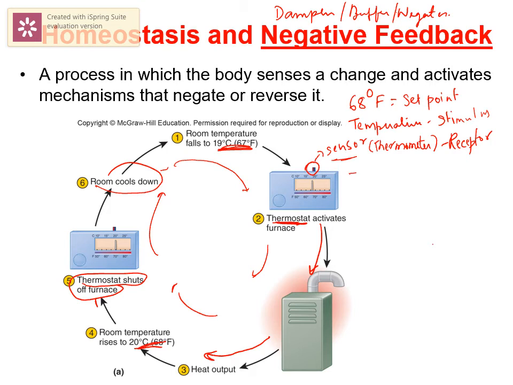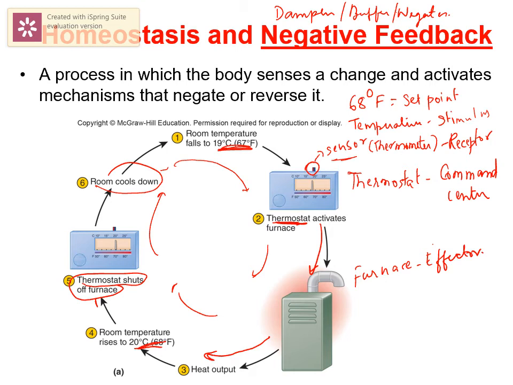The thermostat asks the furnace to kick in. So the thermostat becomes the command center or the control center. And finally, the furnace is the one that blows out hot air to maintain the temperature. So the furnace becomes the effector.